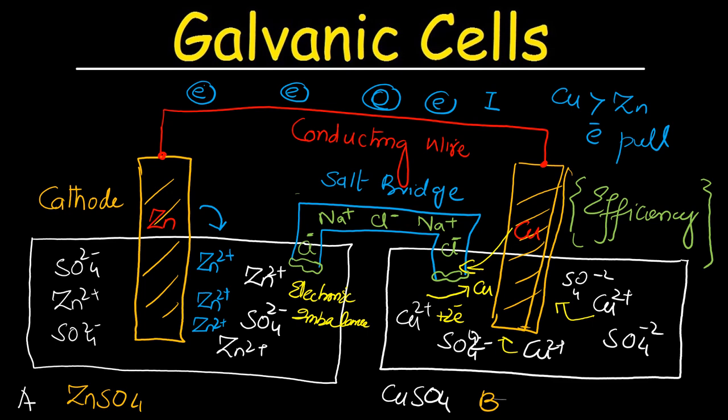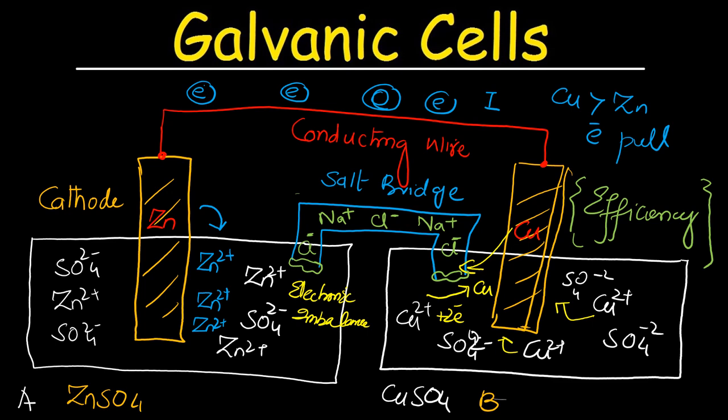So this is basically the student's overall picture of a galvanic cell. A galvanic cell is a device which is used to convert a chemical reaction into electricity. Galvanic cells are also known as voltaic cells.